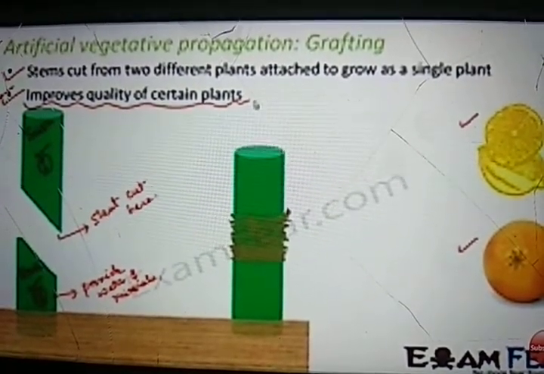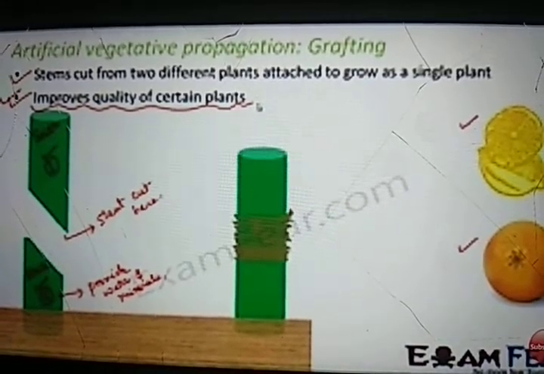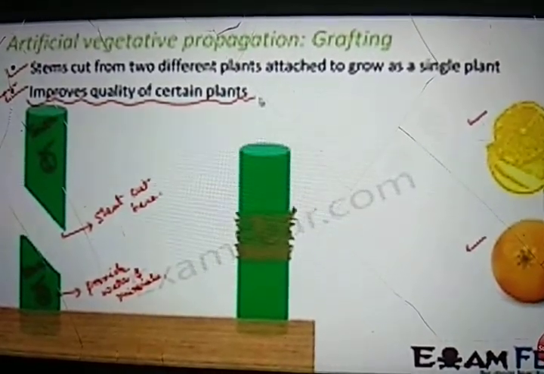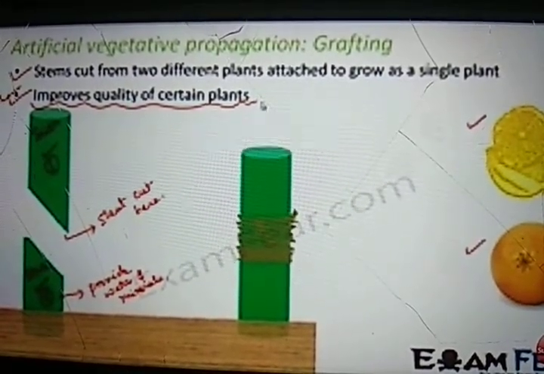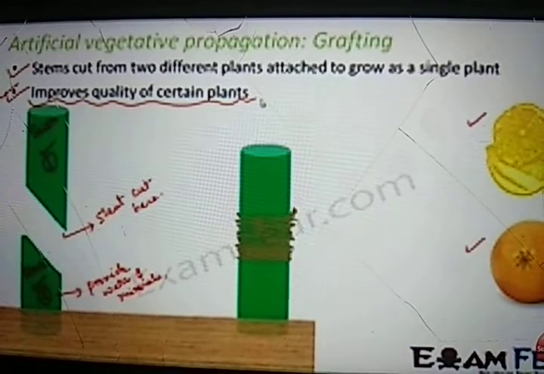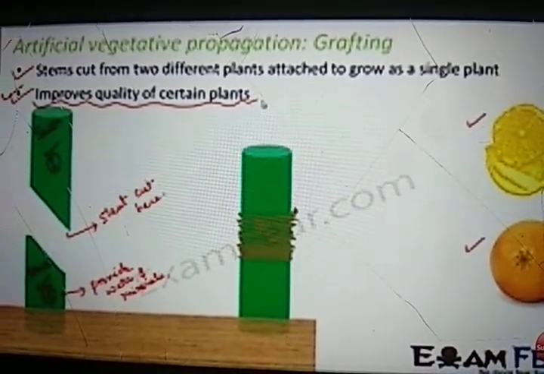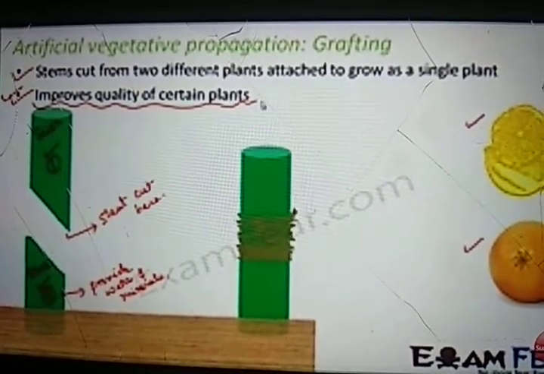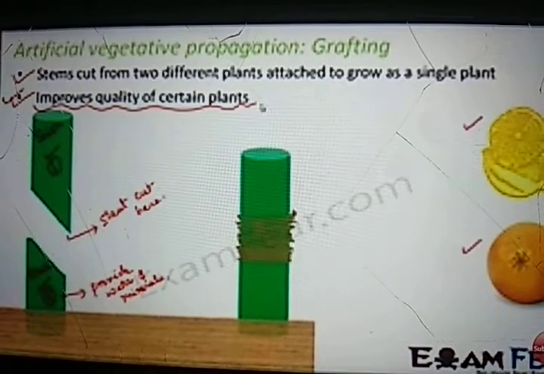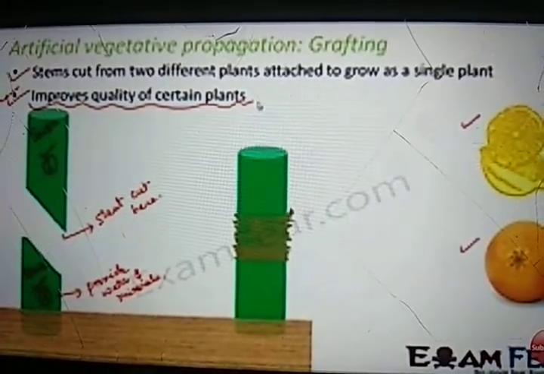And as I said, all these methods are these days exploited by farmers or gardeners or other people for their benefit, or sometimes it becomes a disadvantage as well, because people might try to mix and match some low quality plant with some good quality plant, which might also retard the quality of certain plants.